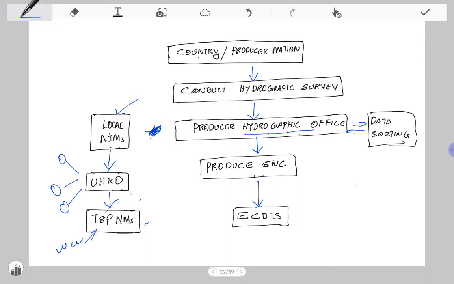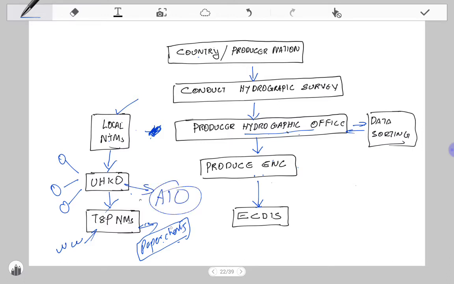These notices to mariners are mainly used in paper charts. But it is not a user friendly method for plotting notices to mariners in ENC. So the UKHO came up with another tool called AIO.